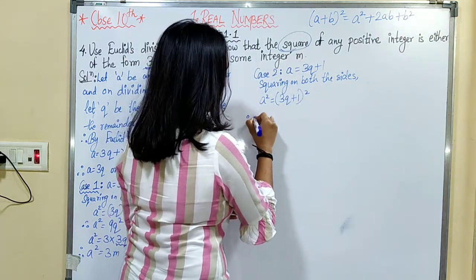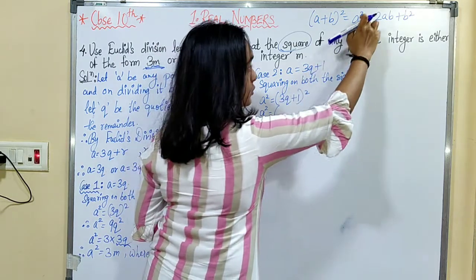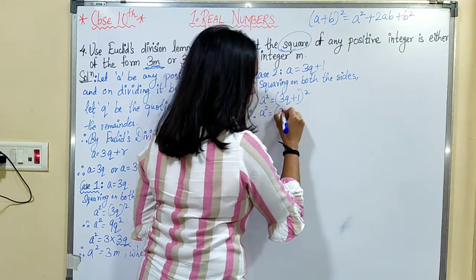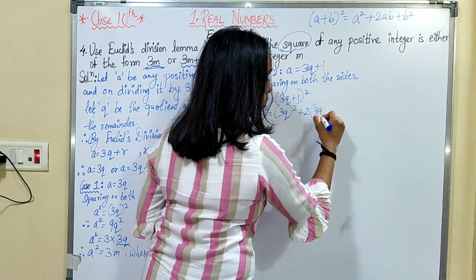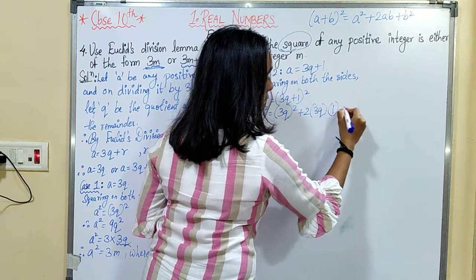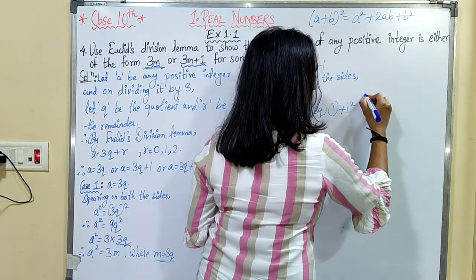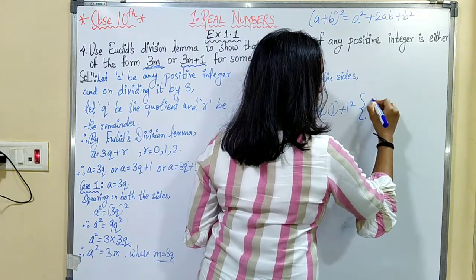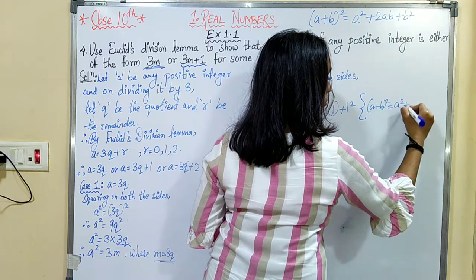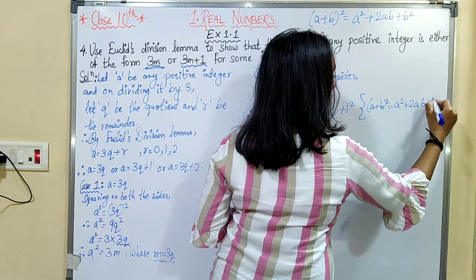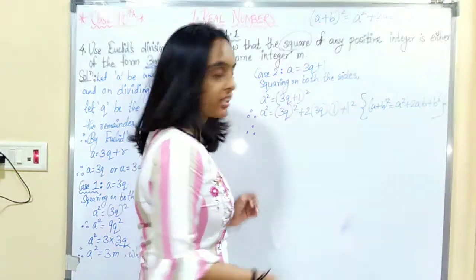So therefore a square will be equal to 3q squared plus 2 times 3q multiplied by 1 plus 1 squared. So by using the expansion, a plus b the whole square equals a square plus 2ab plus b square, now we will simplify it further.